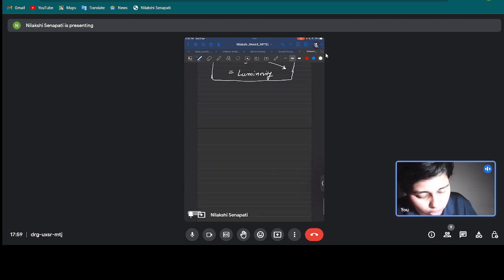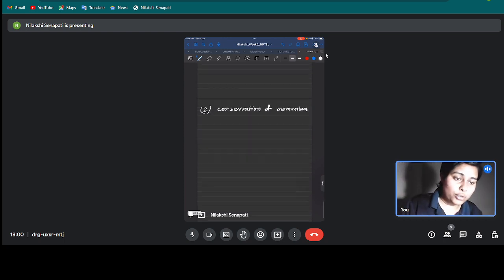Now we'll go to the conservation of energy, conservation of momentum. This is another fundamental conservation law that we need to consider always. These are the laws of nature that we need to follow for any system.